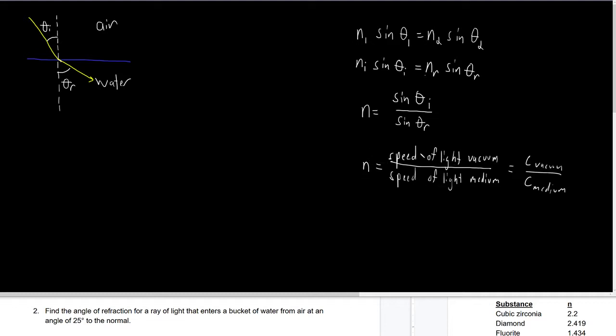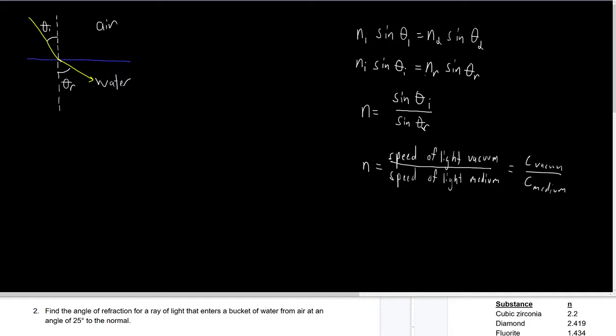If the two speeds are the same, you would get an index of refraction of 1, and that means the light won't bend at all, because if n is 1, the two angles are the same. But the more the light slows down, the bigger n gets, and the bigger the difference in angles we're going to see.